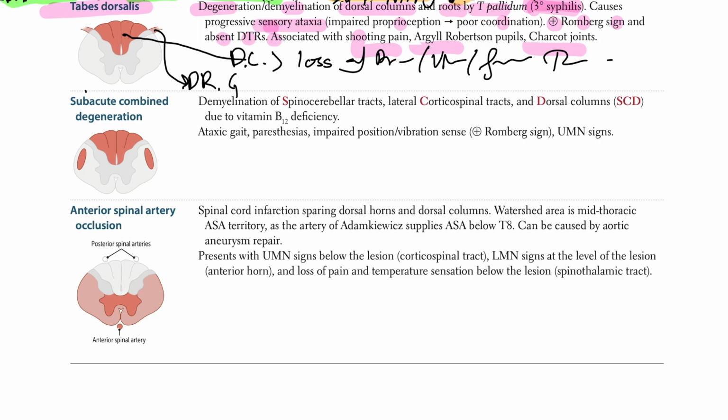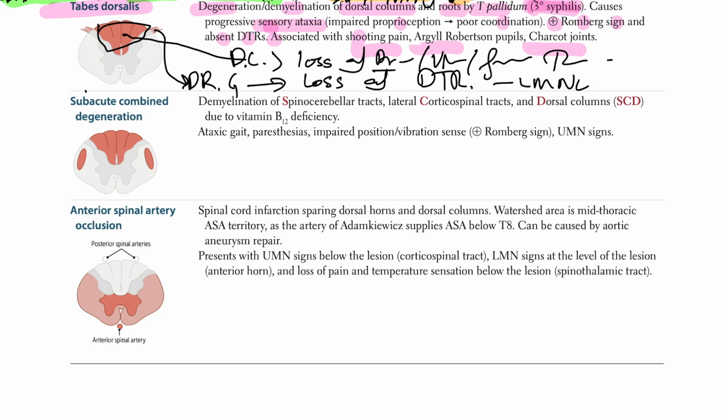Okay, dorsal column is going to give you all that proprioception, all the dorsal column sensations are out, right? And here's your dorsal column, right? And the dorsal root, if you knock out your dorsal roots, you're just going to have loss of DTRs, which are your deep tendon reflexes. Again, loss of DTRs is lower motor neuron lesion.